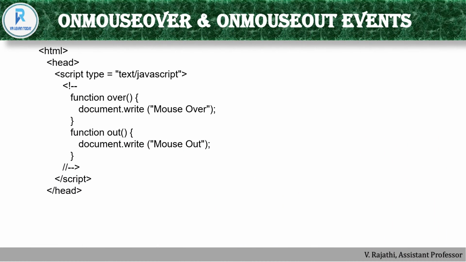Next, this is the way we have to use onmouseover and onmouseout. In the head we are using function over and function out. Two types of functions we are using, one is over and one is out. And every main process is based on the body tag only.